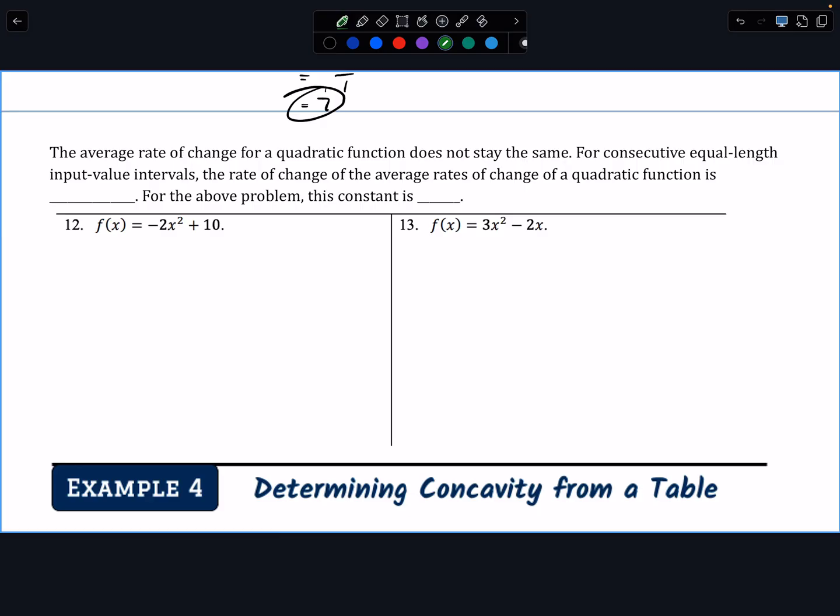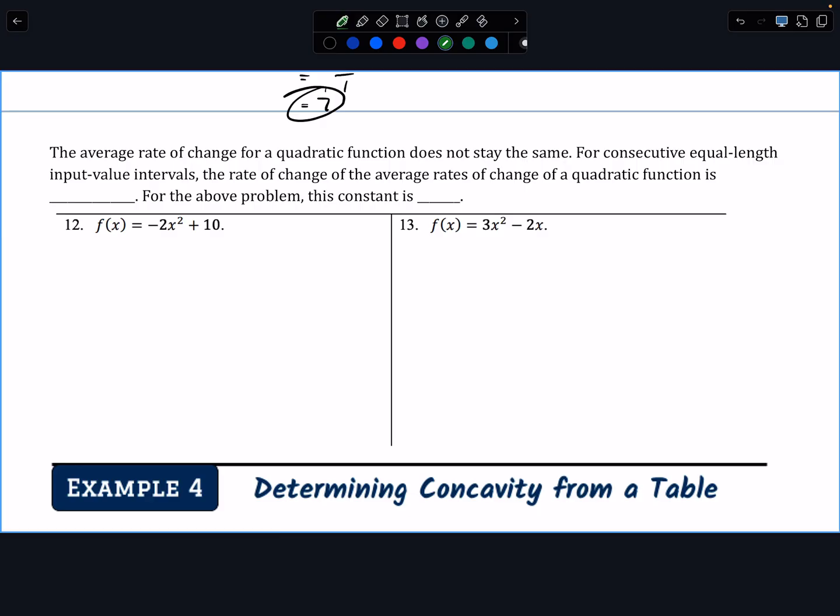Go ahead and tape it in. Okay. You guys ready?